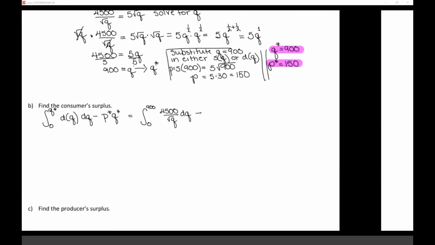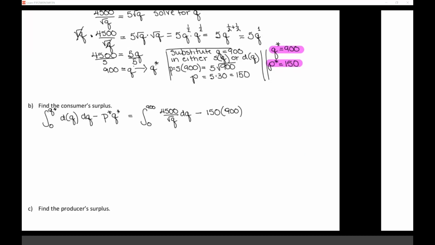And then minus P star times Q star. Okay, so that's this integral with everything plugged in. Okay, here's P star, here's Q star, here's my demand equation, and here's Q star up here is the upper bound on the integral. So it's just a matter of having the formula handy and plugging in the right numbers.